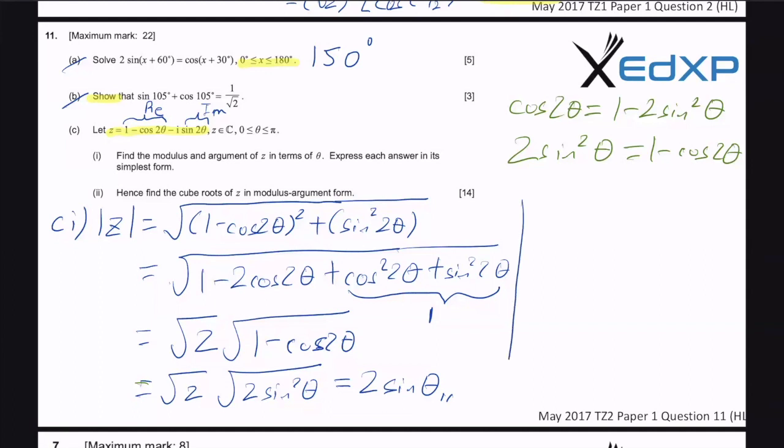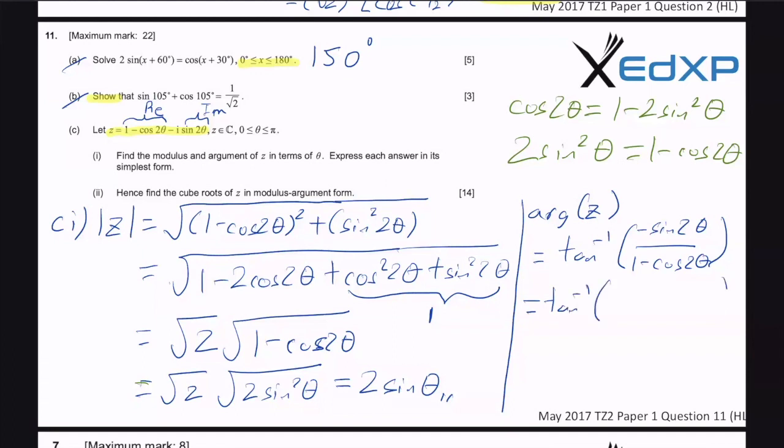Okay, let's try finding the argument of Z. So the argument of Z, we can try to take the arctangent of y over x, so that will be negative sine 2 theta over 1 minus cos 2 theta. Can we simplify this? We have two angles that are the same. Maybe we can simplify the double angle.